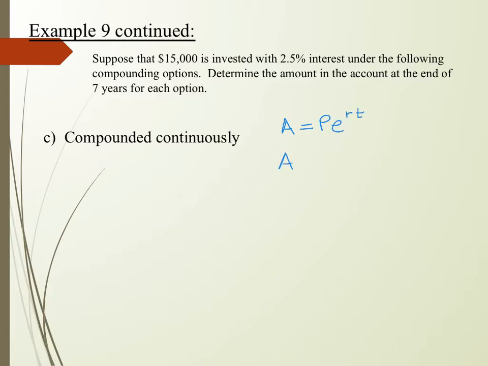So the amount is equal to 15,000 e to the 0.025 times 7. When we do it on our calculator, we get approximately 17,868.69.